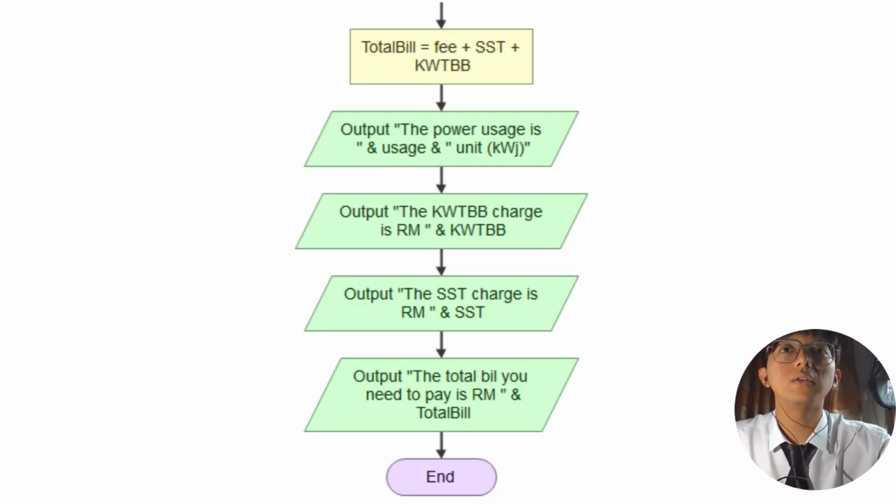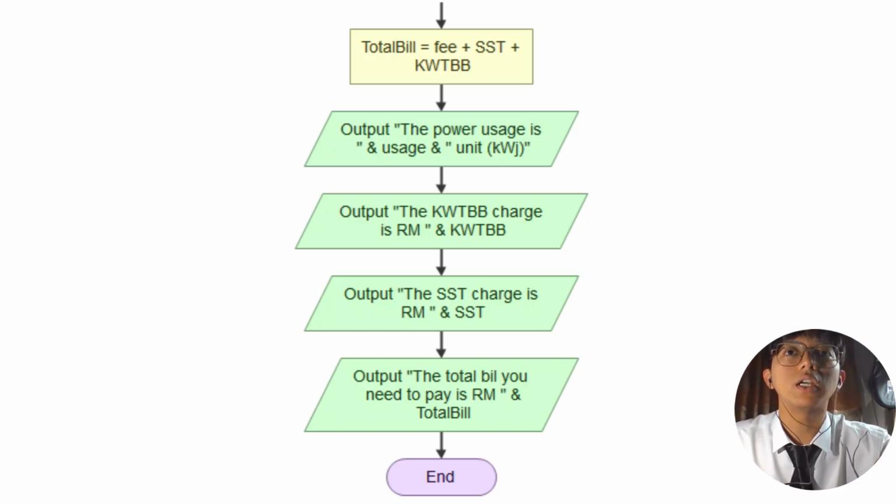Lastly, we calculate the total bill, which is the fee plus SST plus KWTBB. Then we go to the output. The output will show the power usage, which is the usage we first keyed in, in units.